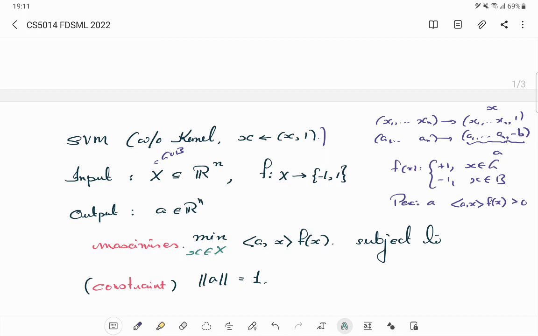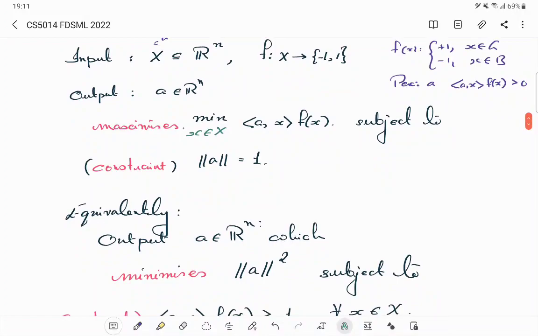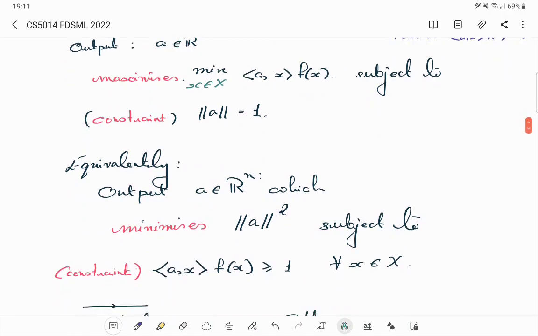This is what the SVM attempts to do, but as I hinted in the last class, usually this is not how the optimization program is given to an optimization solver. Instead, we invert the roles of the cost function and the constraint, and it is not difficult to see that this will give the same answer. We are trying to minimize the norm of A, or equivalently the norm of A squared.